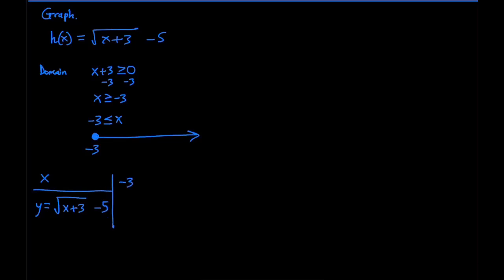So what you can do is find out what this is. You go ahead and plug this in. Underneath the radical, that's 0. The square root of 0 is 0. So this ends up being -5. This is the starting point. This is -3, -5.